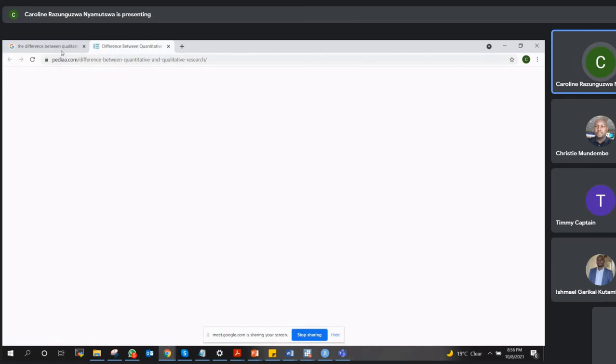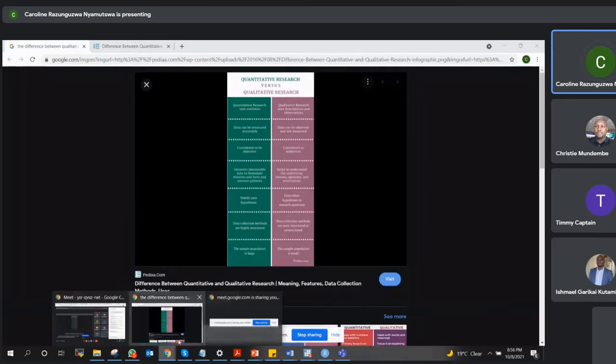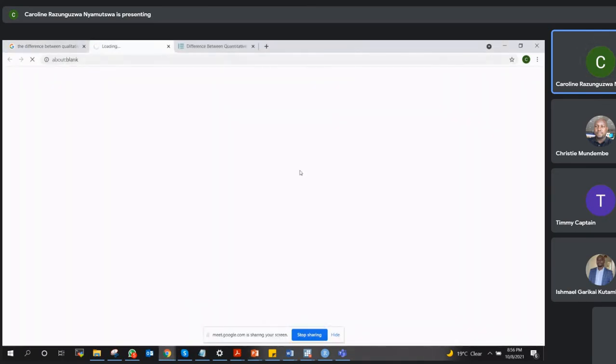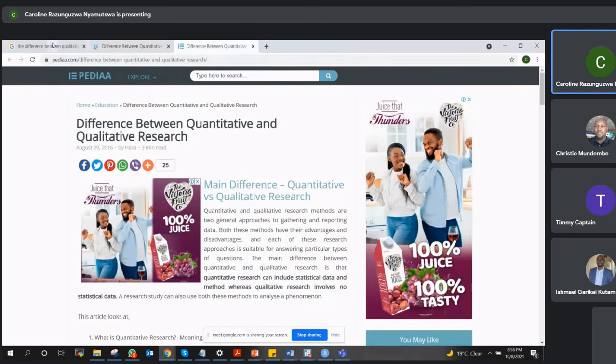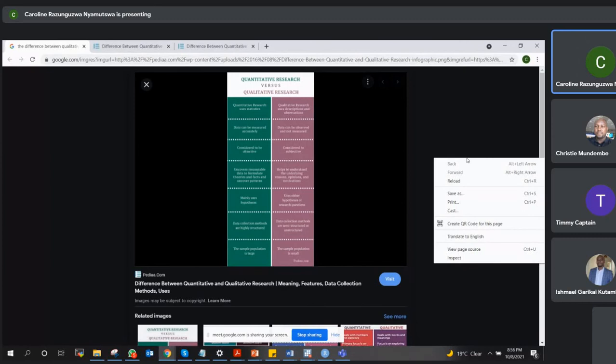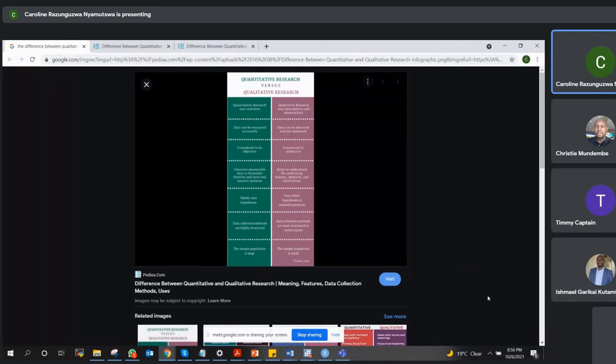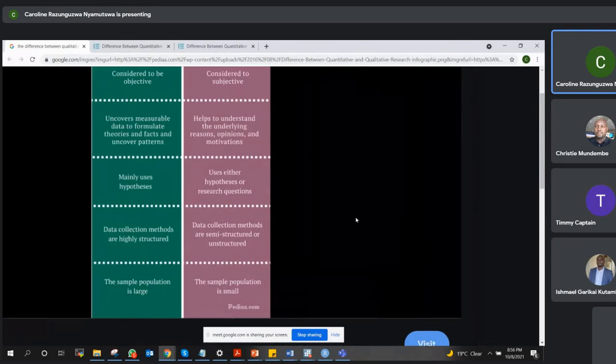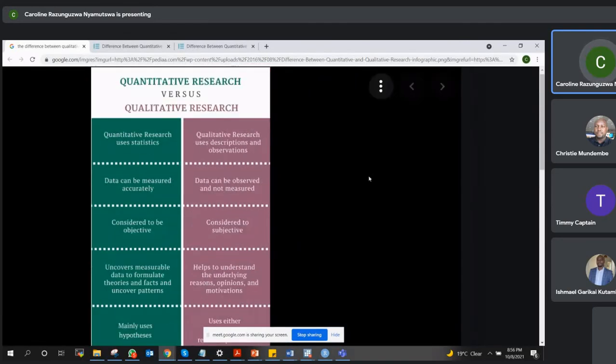Sorry to take some time, I'm trying to make the screen bigger so that you can see. Okay, I hope you guys can see my screen.